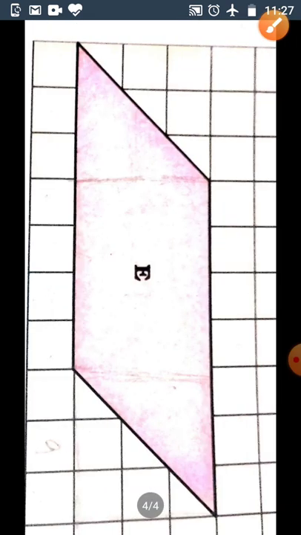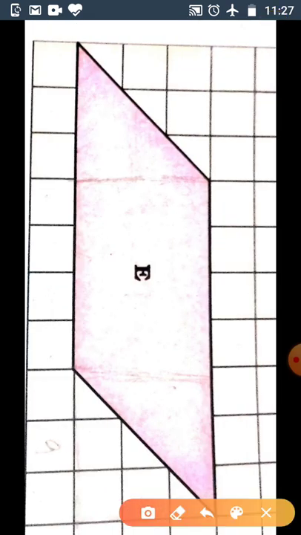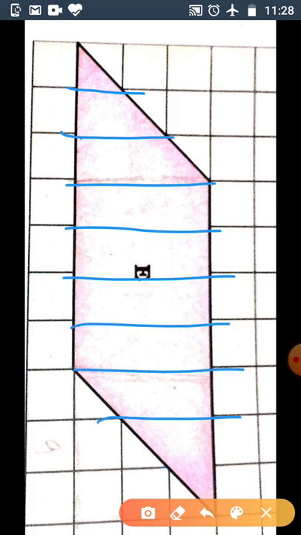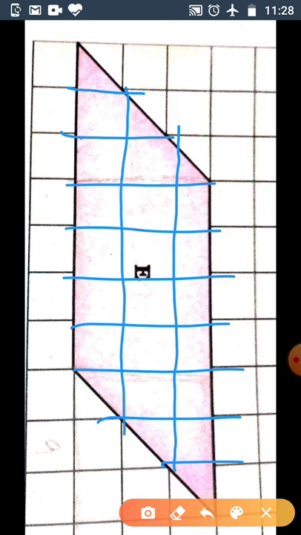Now let us see this example. Here first of all what you will do, you will make a grid. So make the grid first, and as you all know each grid is of 1 square centimeter. After making the grid, join this horizontal line and the grid is complete.